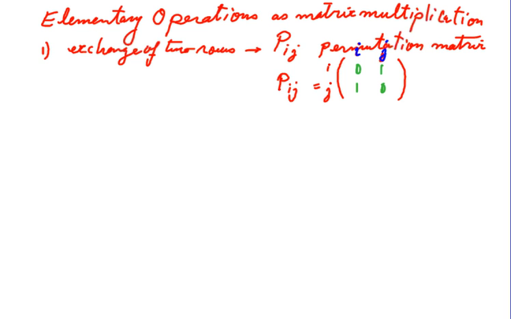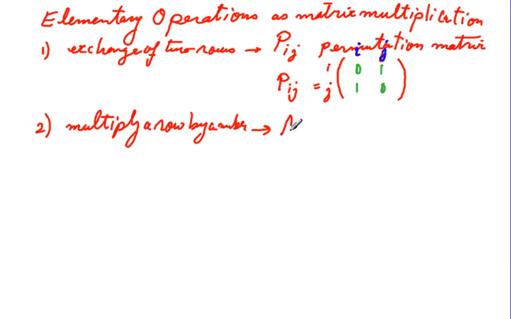Then elementary operation number 2 was to multiply a row by a number. That one gave us some matrix M, let's say M for multiplication. And if your row is, say, row i, what did the corresponding matrix look like on row i?